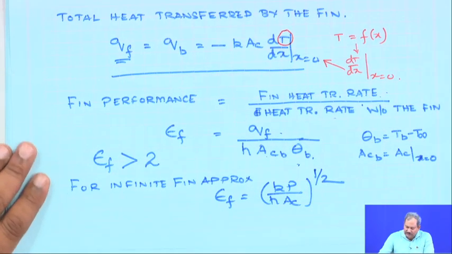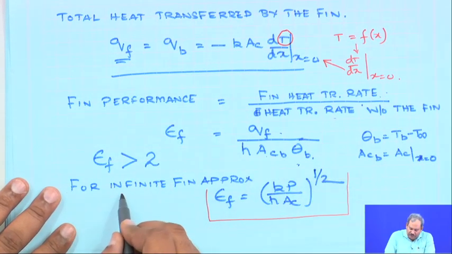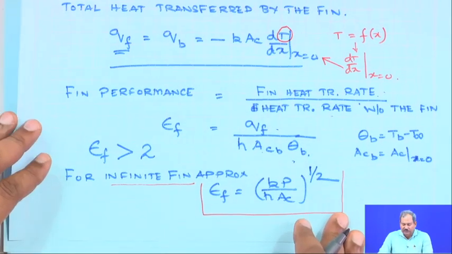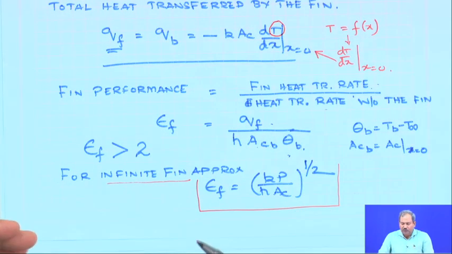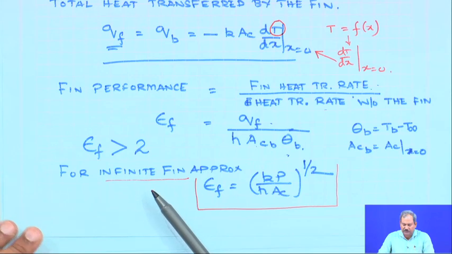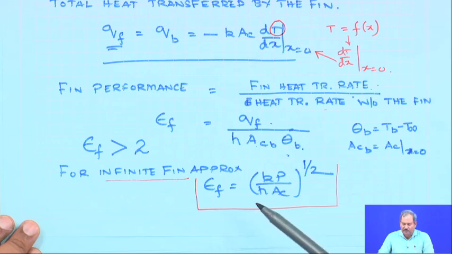This apparently simple result is only for the infinite fin approximation, and you understand that you are expected to get different expressions for epsilon depending on whether you have an infinite fin approximation, an active tip approximation, and so on. But this tells us something about the utility of fin performance.